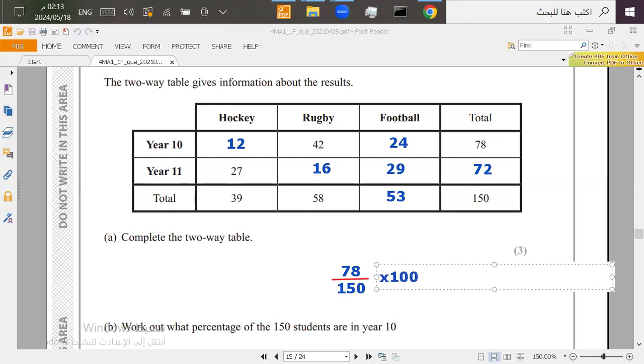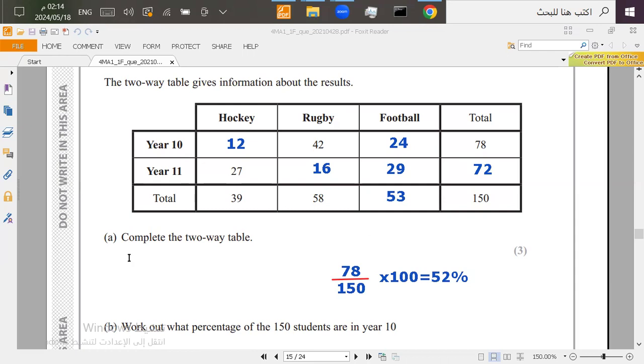So I take 78, the total of year 10 students, divided by 150, the total of the whole students, and then multiply it by 100, and I will get the percentage, which is 52%. And this is how you answer a question like this.